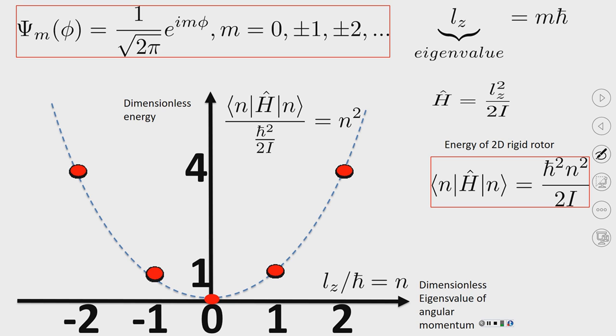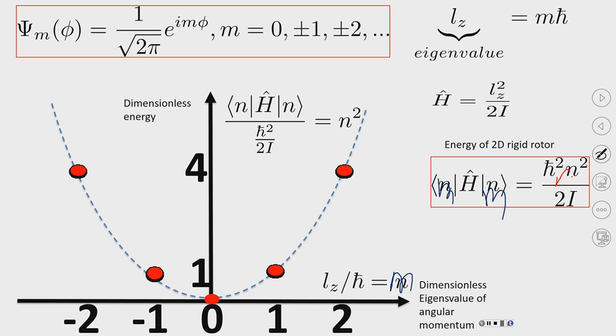So here is your M, quantum number, and then we can take the matrix element of the Hamiltonian in the basis of these functions, which will give us the energy of rotation, right?